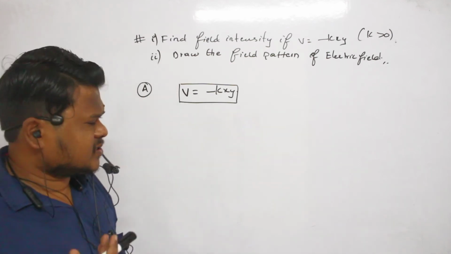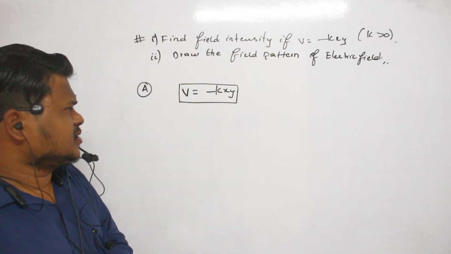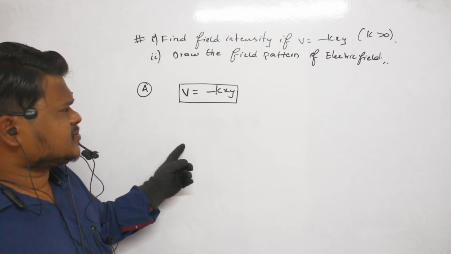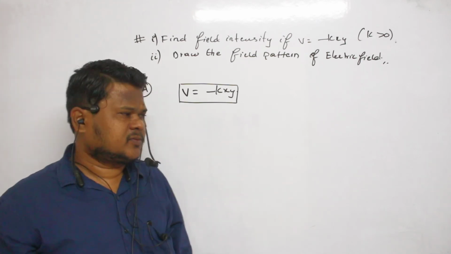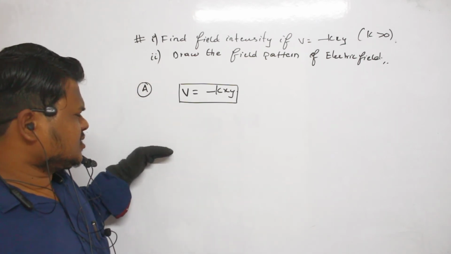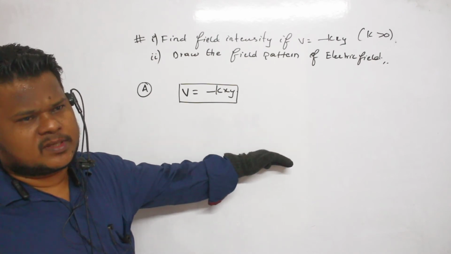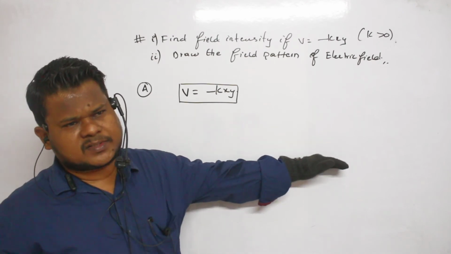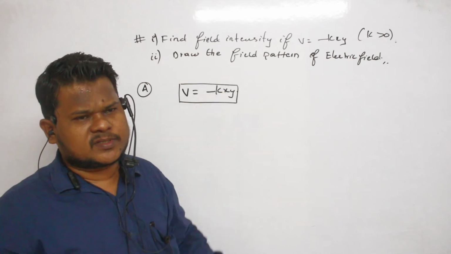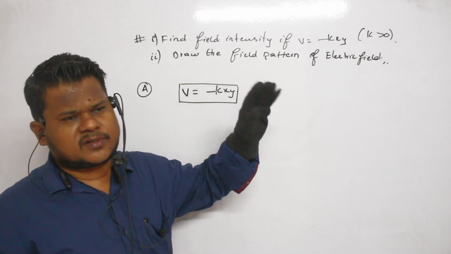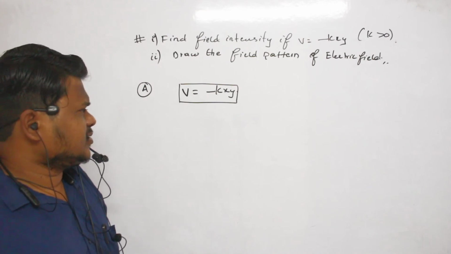It means that electric field is present both along the x-axis as well as the y-axis. If potential is changing along the x-axis, it means electric field is present along the x-axis. If potential is changing along the y-axis, it means electric field is present along the y-axis also. That is the meaning of this.